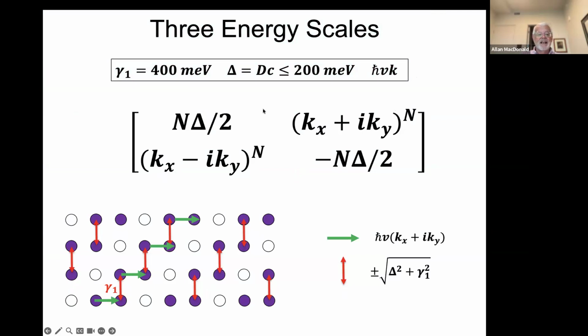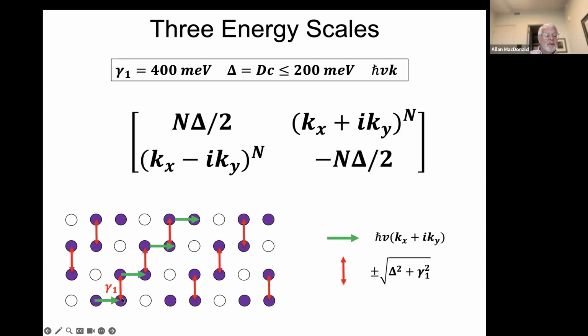And so there's one thing I haven't said yet that I will emphasize in my talk, I believe is important, and that is that when I include perturbatively going away from k equals 0, the Brillouin zone corner, when I include perturbatively the hybridization within the layers, which is weak in that region of momentum space, then not only am I able to hop from one sublattice to the other on the other side of the film, but the energies on each of these sites are renormalized in a k-dependent way.